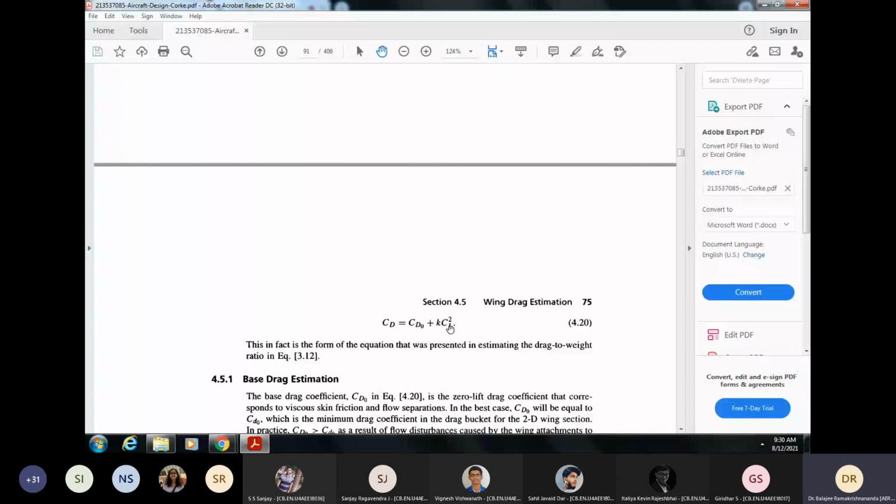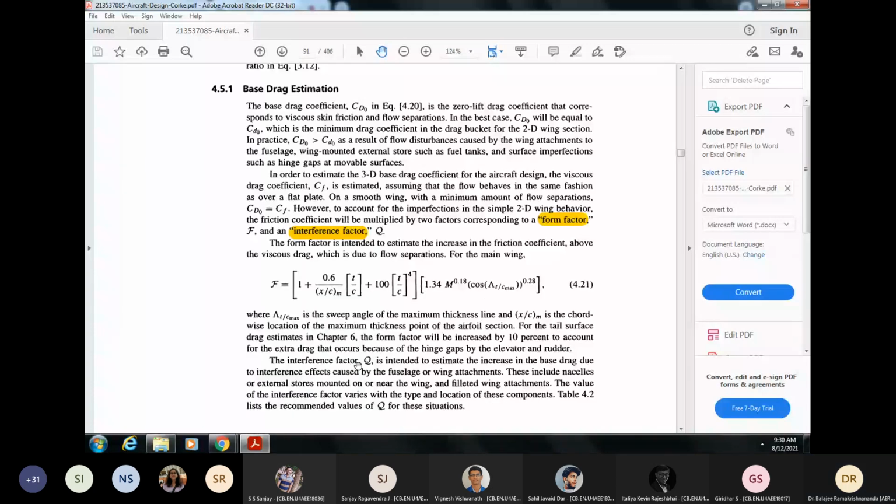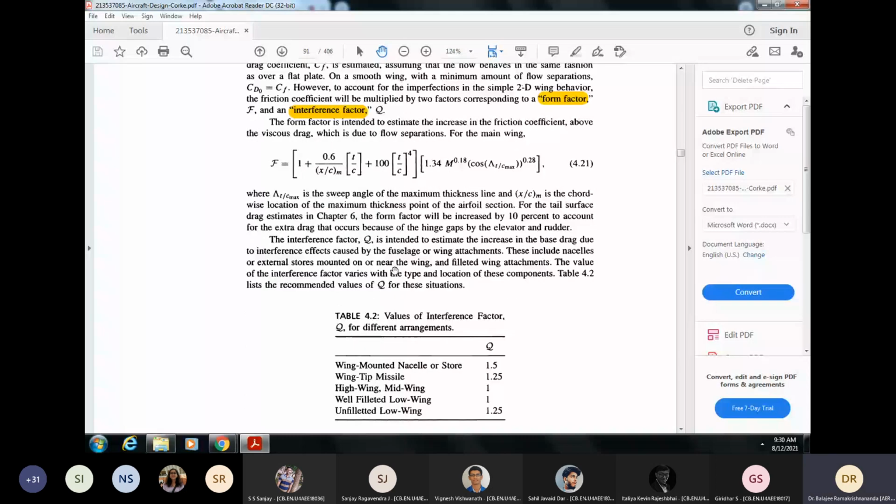Now a process is given for estimating the drag. So you go through this process. I leave it as an exercise for you. In this, first you evaluate something called form factor, and there is an interference factor known as Q, which is given in this table for various types of wings.